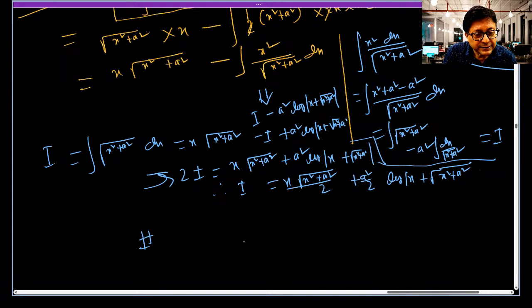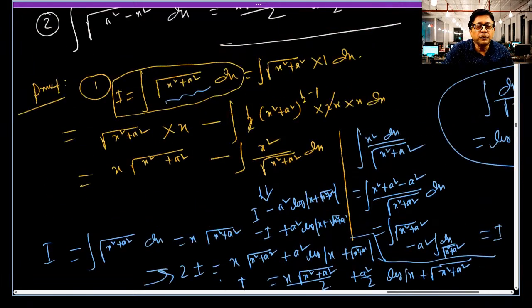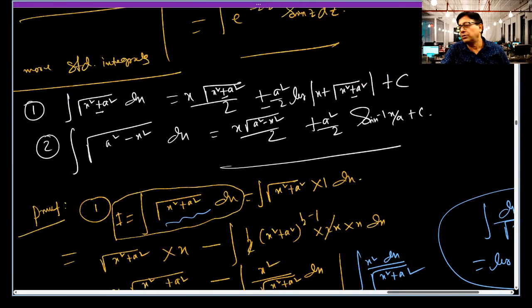Say it is the integral of root over x square minus 3x minus 2 dx. I did not prove the second one. The second one can also be done by the same method, so there is no need to derive the formula.